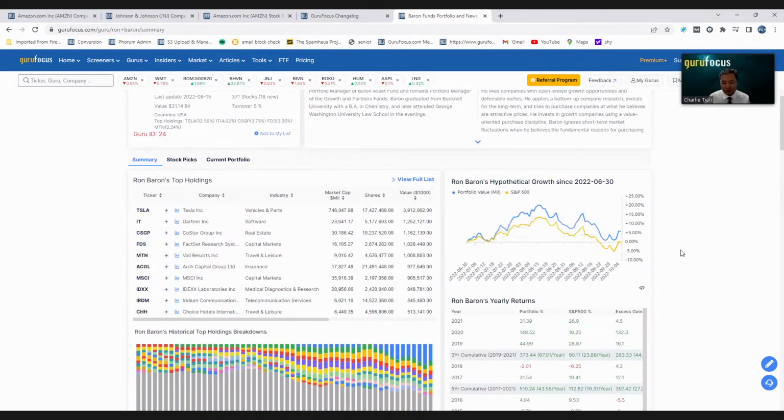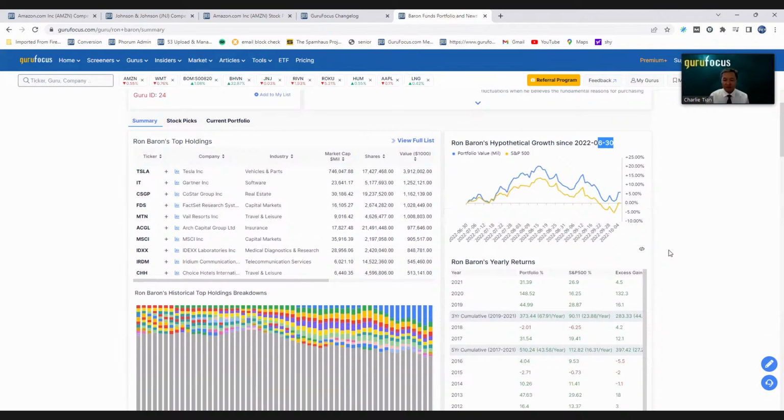This chart shows the performance of Ron Baron's fund relative to the S&P 500 since the last quarter portfolio update, June 30th. It seems like since June 30th, his portfolio has been doing better than the S&P 500.